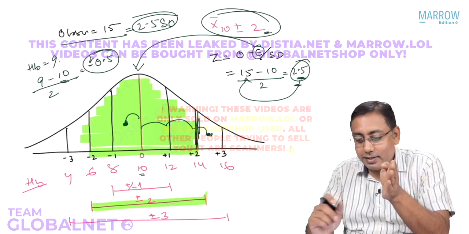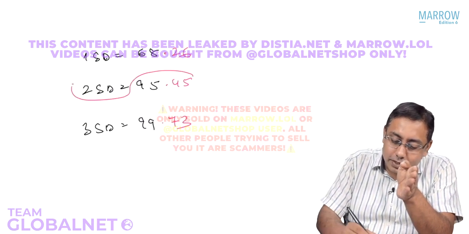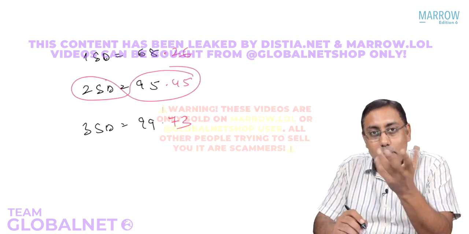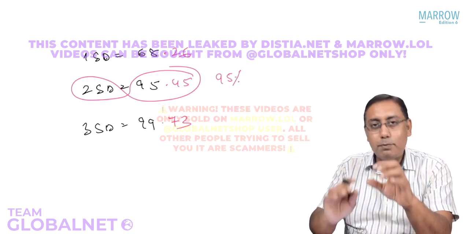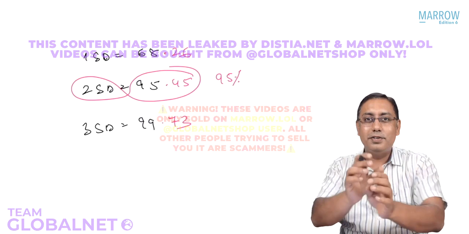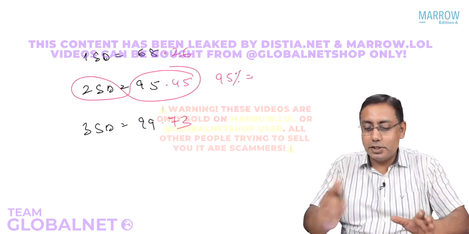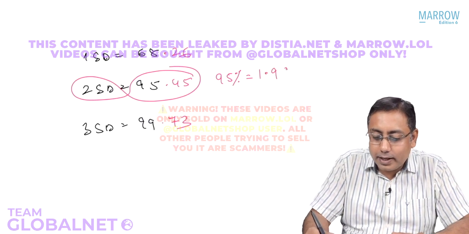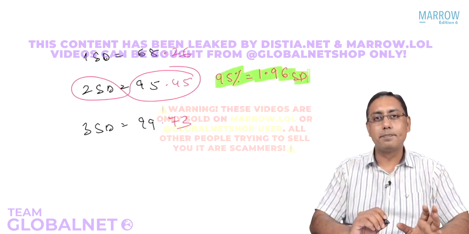So 95.45% is 2 standard deviations. So how much is 95? Technically, 95% of the population corresponds to 1.96 SD. And that is what you need to remember for your exam.